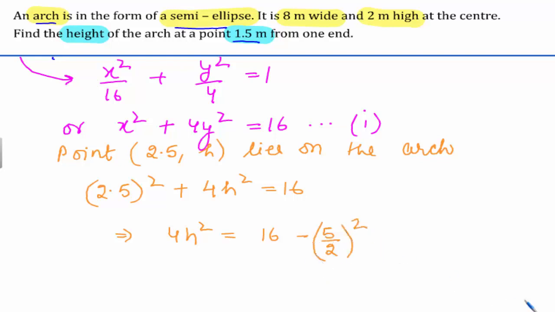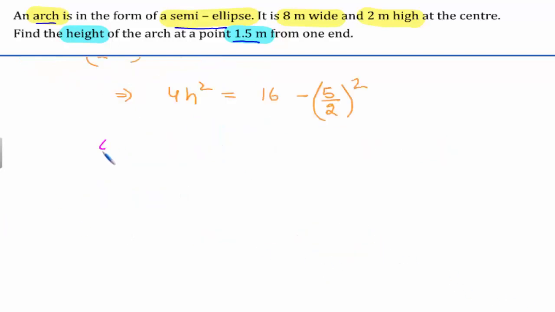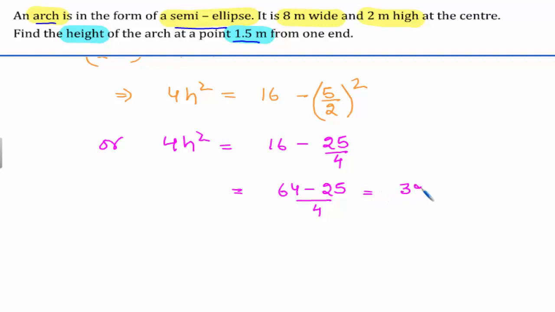Now let us simplify this. 4h square is equal to 16 minus 25 divided by 4, which is equal to 64 minus 25 divided by 4, which is equal to 39 divided by 4, which further implies that h square is equal to 39 divided by 4 into 4, that is 16, which implies that h is equal to square root of 39 divided by 16.